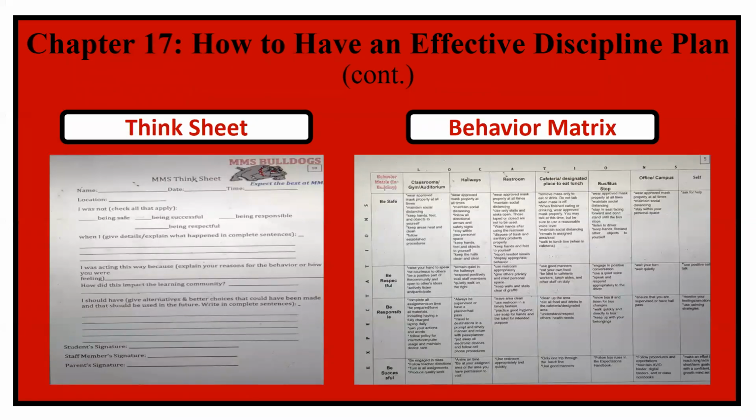The first infraction that a student receives requires him or her to complete a think sheet, which is similar to the My Action Plan described in Chapter 17. Essentially, the student identifies the problem behavior, recognizes the impact the behavior has on others, and develops a plan to correct and avoid it. Furthermore, the student must take it home for a parent to review, sign, and send back to the school.